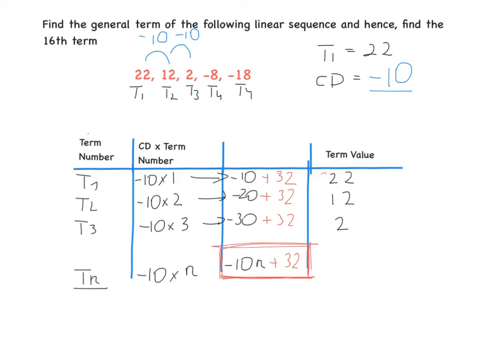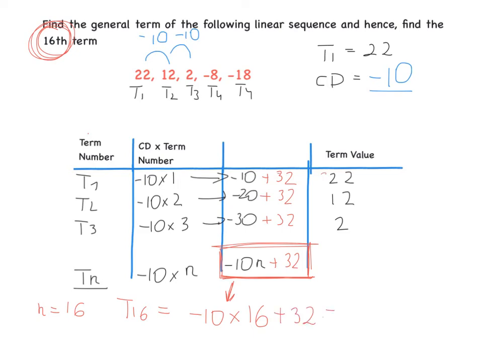And now, when we have the rule, we can find the 16th term, okay? Or any term we wish. So, n is 16. We need to find the 16th term. So T16 equals, and we need to follow this rule, okay? So minus 10 multiplied by n, and n is 16, okay? Plus 32.